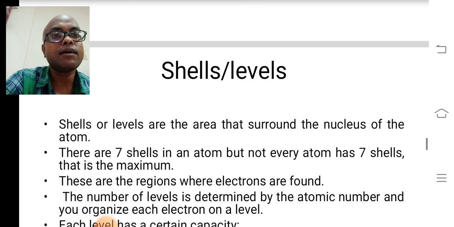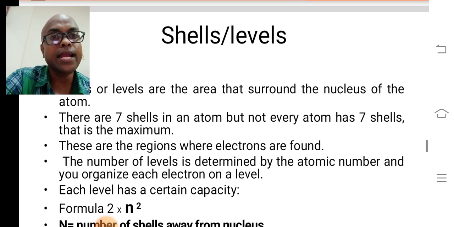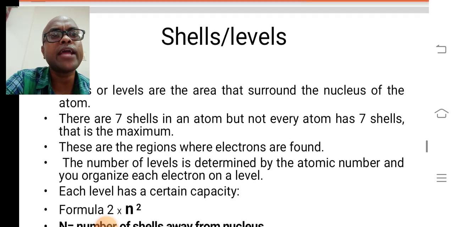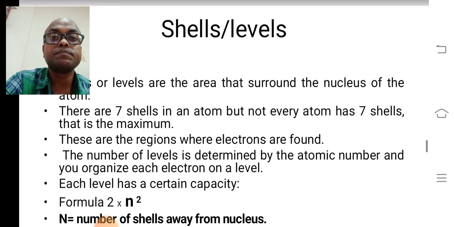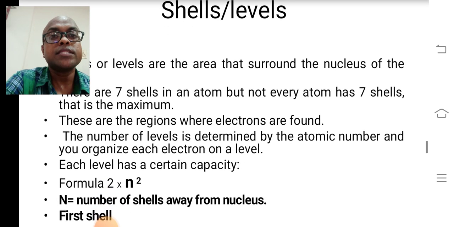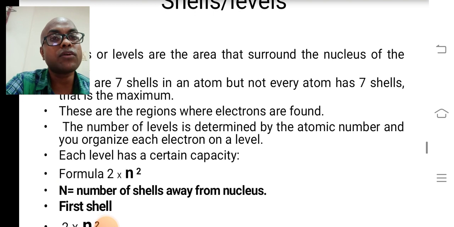The shell or level. Shells or levels are the areas that surround the nucleus of the atom. There are 7 shells in an atom, but not every atom has 7 shells. That is the maximum. These are the regions where electrons are found.